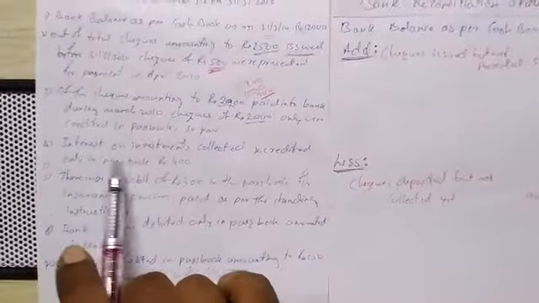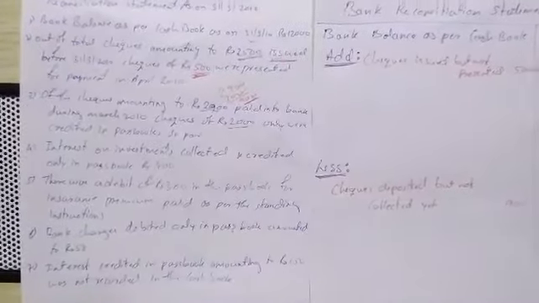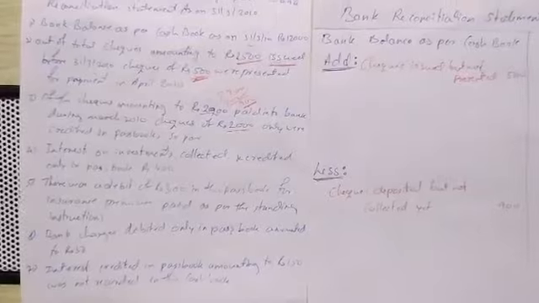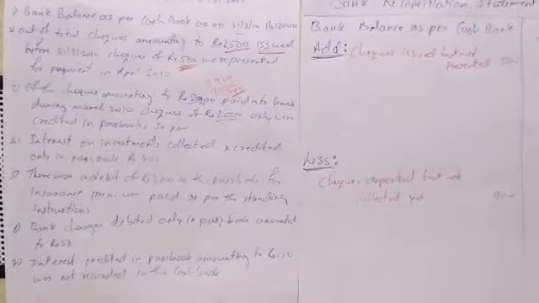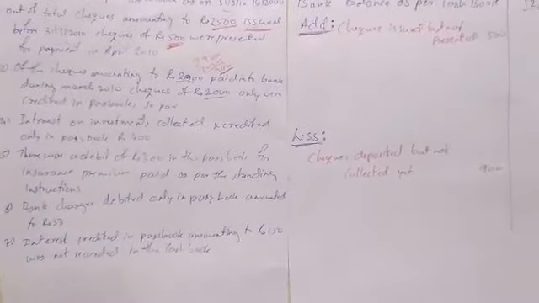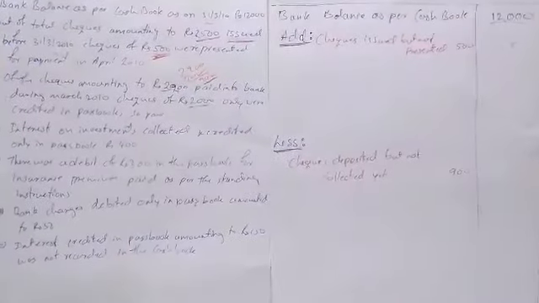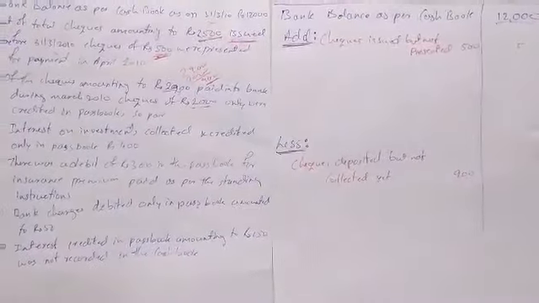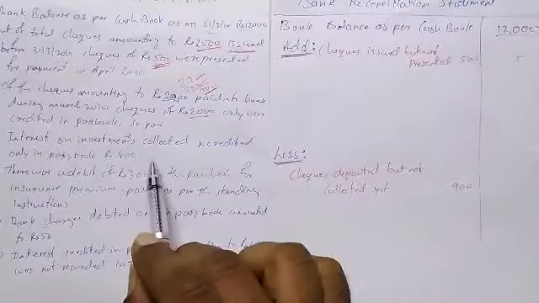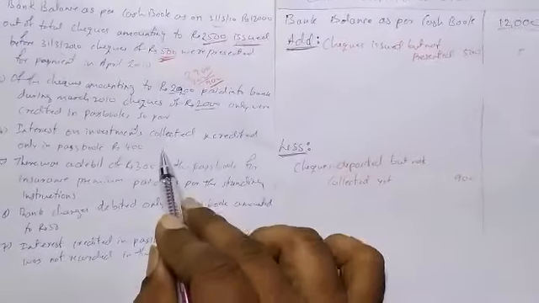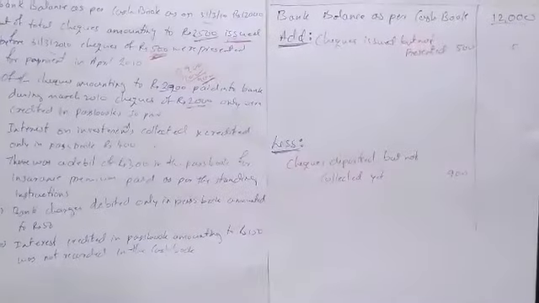Third transaction here: interest on investments collected and credited only in the passbook, rupees 400. So the investment whatever we made, the interest from that investment is credited directly to our passbook, and it will be known only when we print the passbook. Whenever such items come which are only credited in the passbook but not in the cash book, they should be added to the bank balance as per passbook.